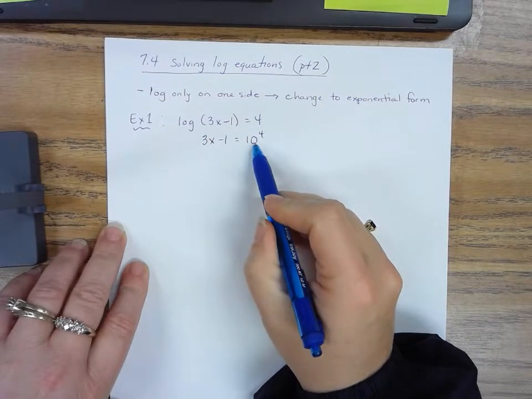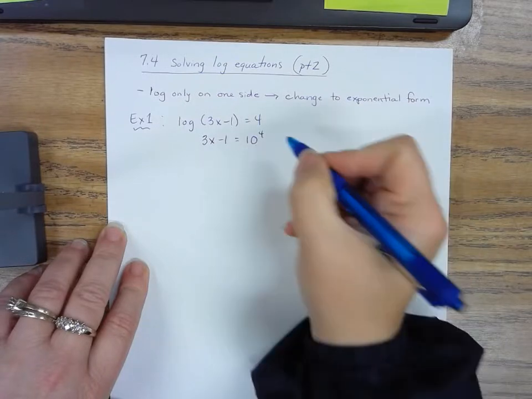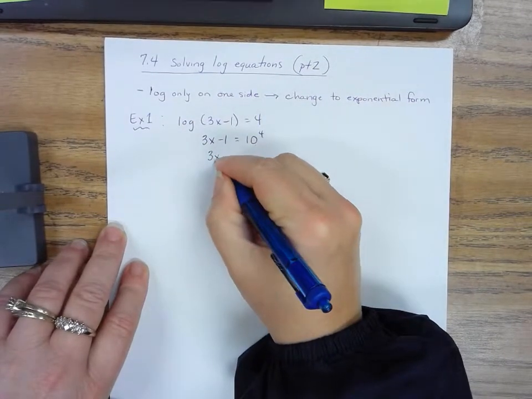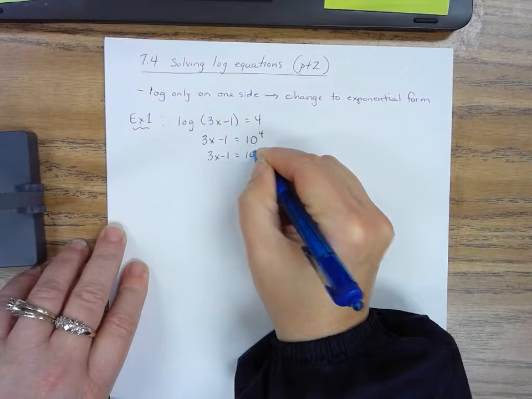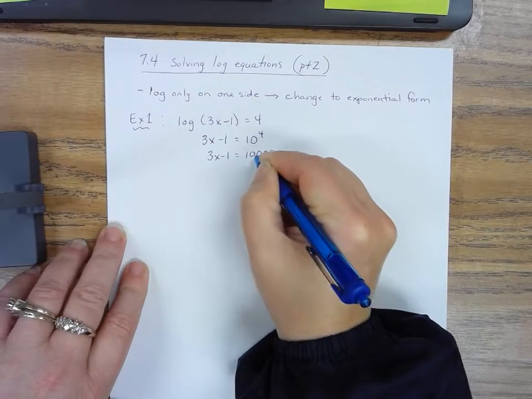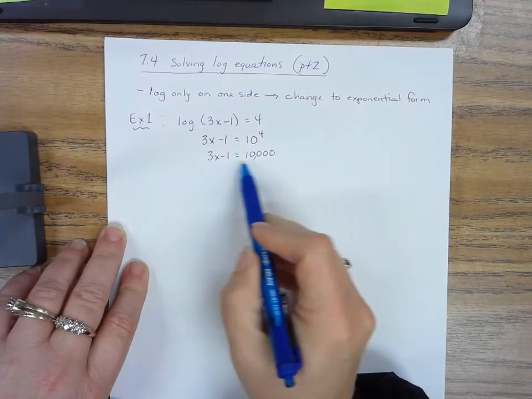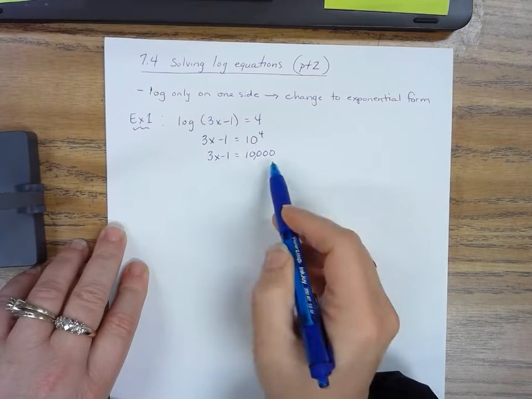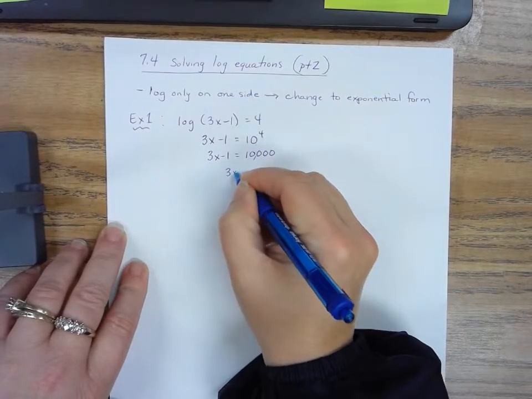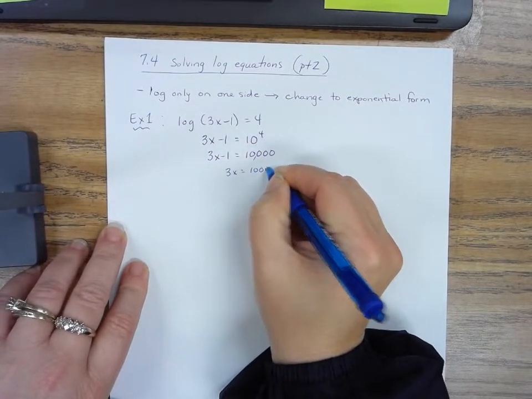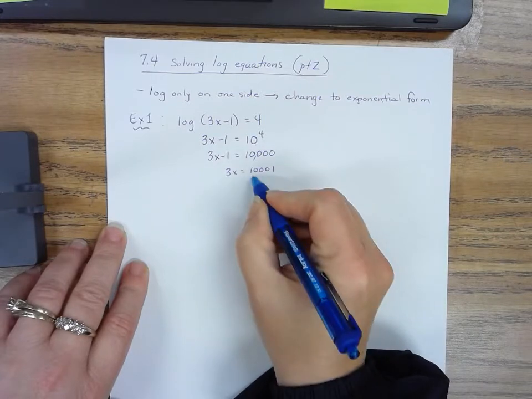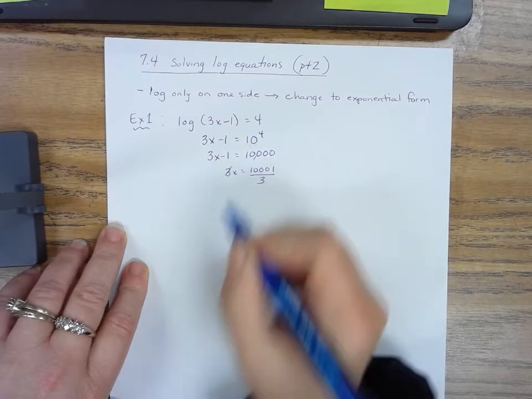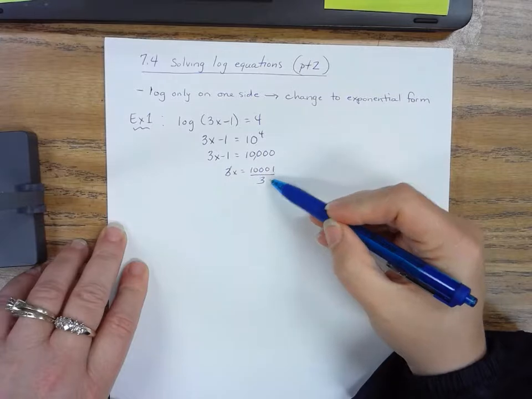That just means there is a 1 with 4 zeros, and so I end up with 3x minus 1 equals 10,000. Algebra 1 equation, add 1 to that, 3x equals 10,001, divided by 3. X equals 10,001 thirds.